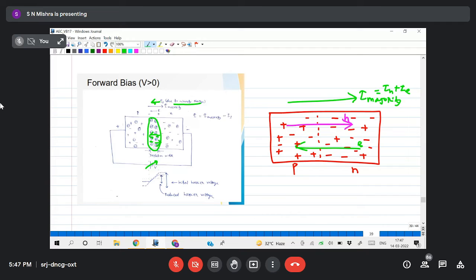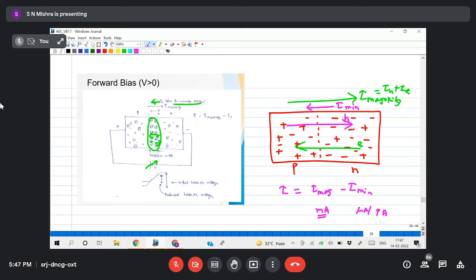As a whole, the majority current and minority current are opposite to each other, and the total current across the diode is I majority minus I minority. The majority current is in the milliampere range, and the minority current is in the microampere, nanoampere or picoampere range.